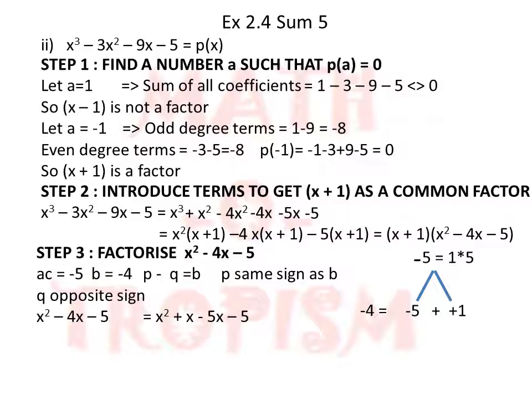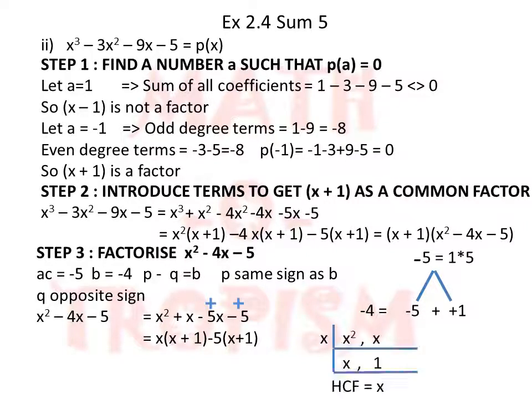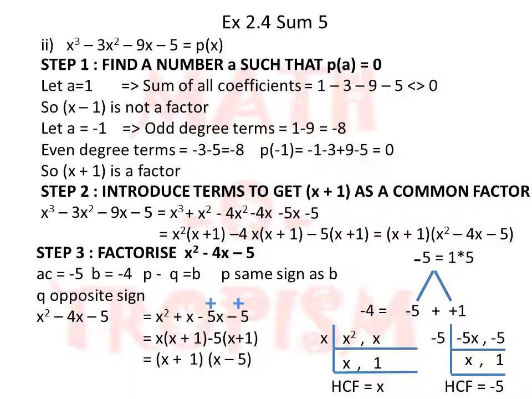So as I already told you in the previous slide, I can directly write it as x plus 1 into x minus 5. I have just worked it out for you. So from step 2, x cube minus 3x square minus 9x minus 5 can now be written as x plus 1 into x plus 1 into x minus 5.